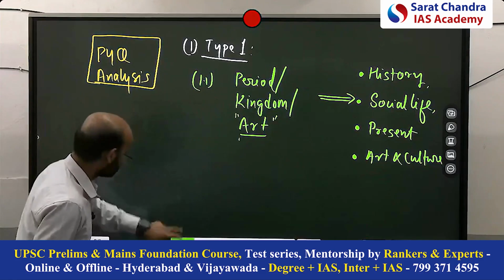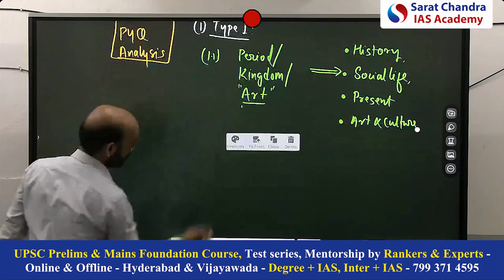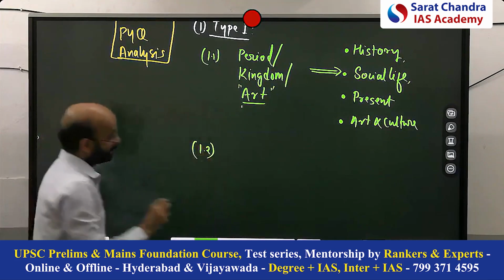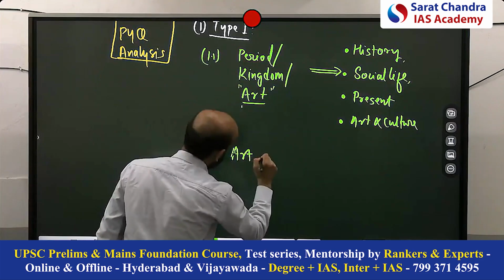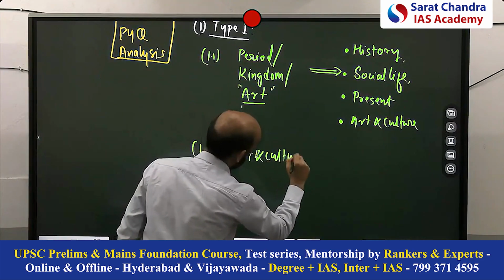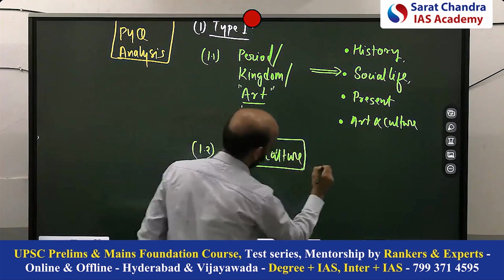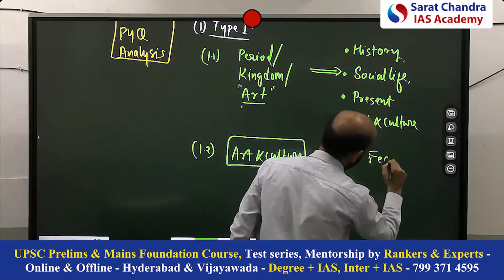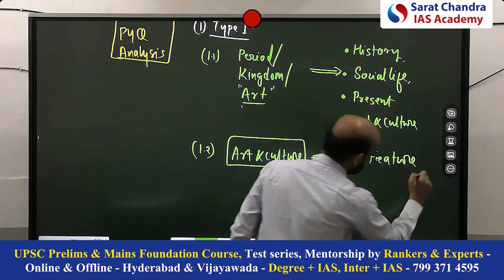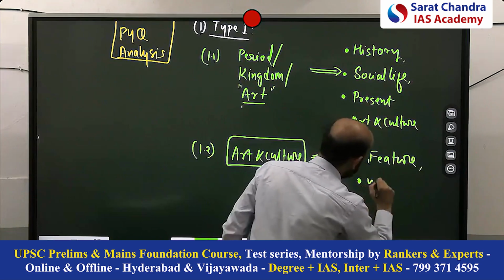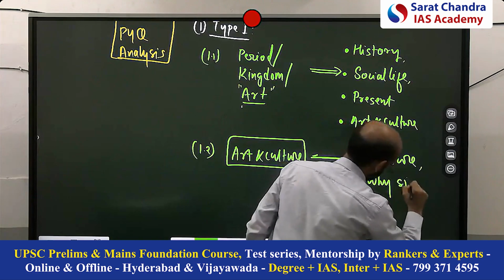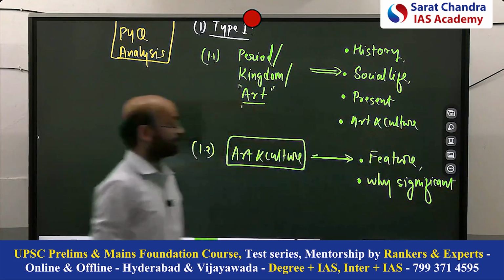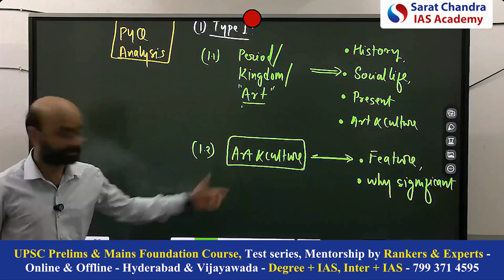First thing. The second thing we have to understand is the second variant, where they are giving the art and culture and asking us to give their significance and features. They are asking us for features, or why it is significant. Why are that art and culture significant?